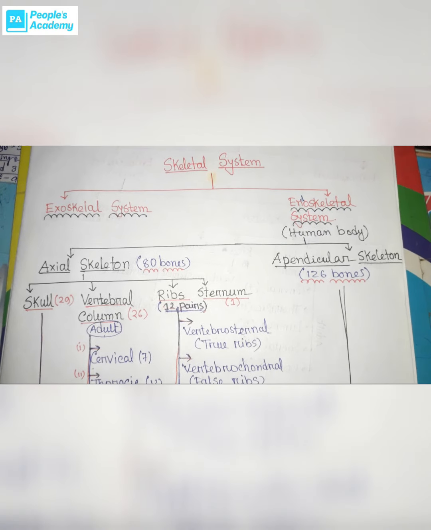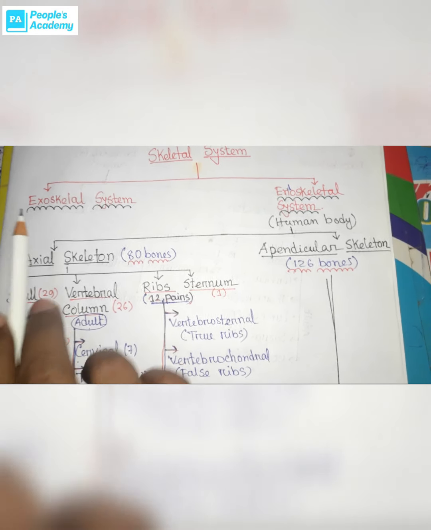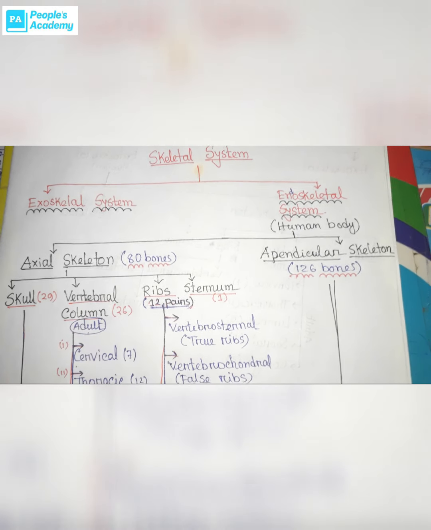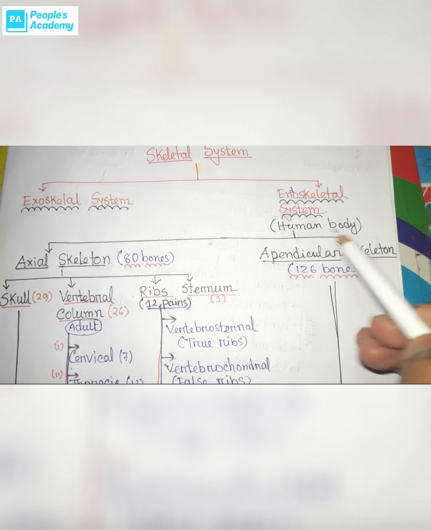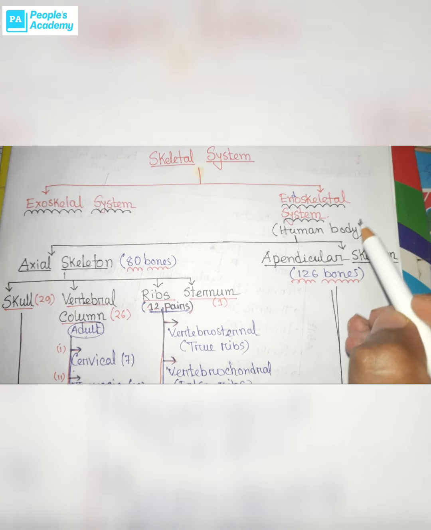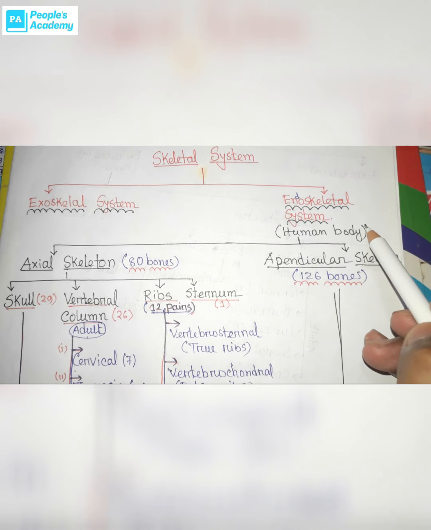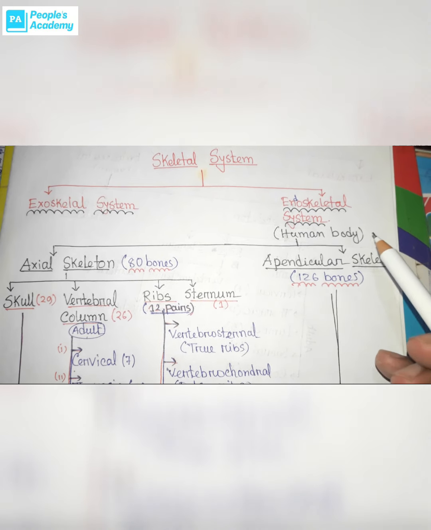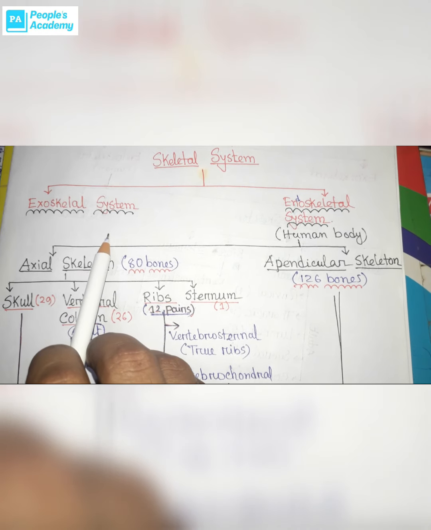The skeletal system has been divided into two broad parts: the exoskeletal system and the endoskeletal system. According to our syllabus, the focus is more on the endoskeletal system of the human body. Let's talk briefly about the exoskeletal system.